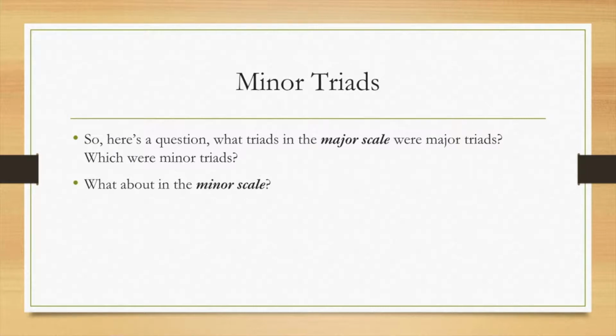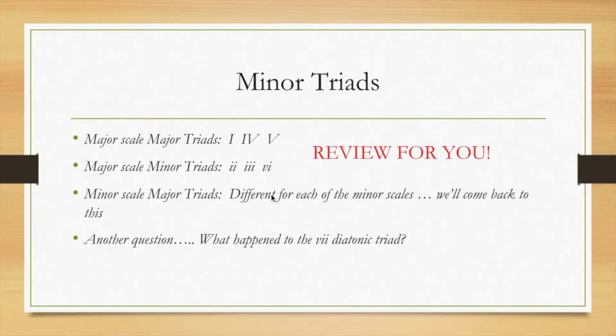Okay? So we have to do that for our minors. Let's take a peek at that. The major scale has the major triads on 1, 4, and 5. The major scale minor triads were on 2, 3, and 6. That was review. That's what I just played for you. In the minor scale, the major triads are different for each of the minor scales.